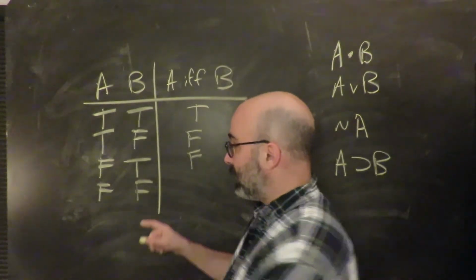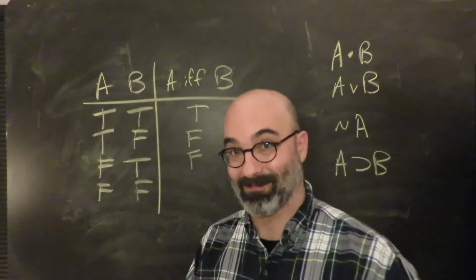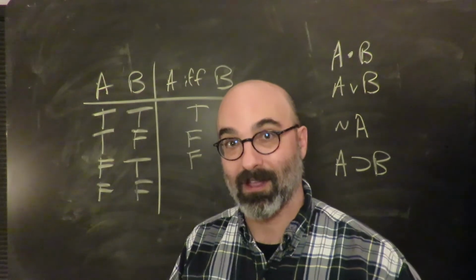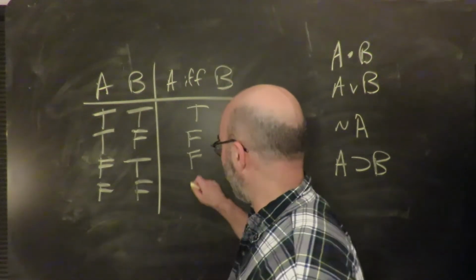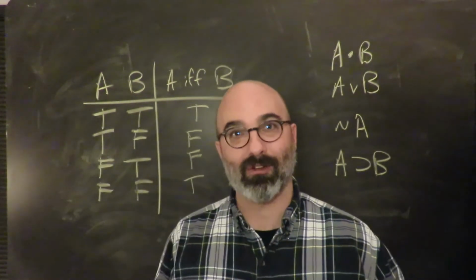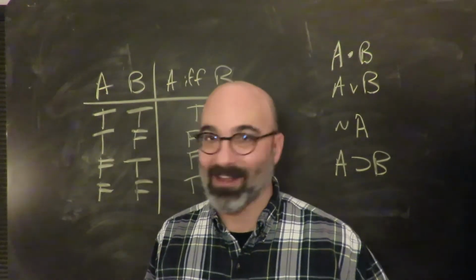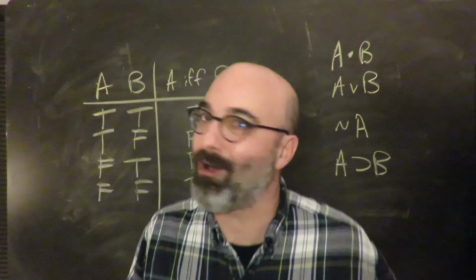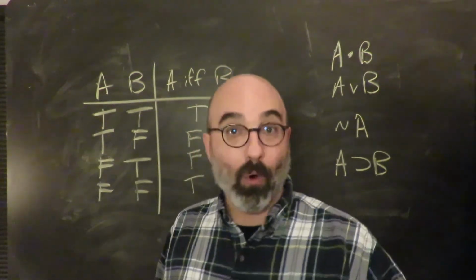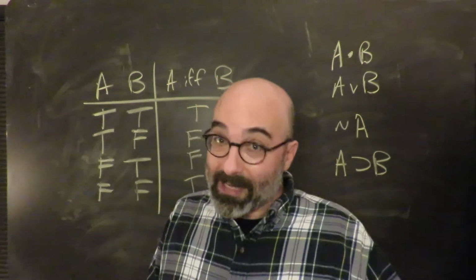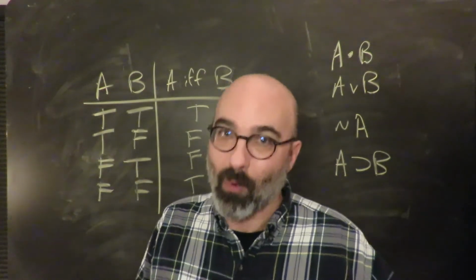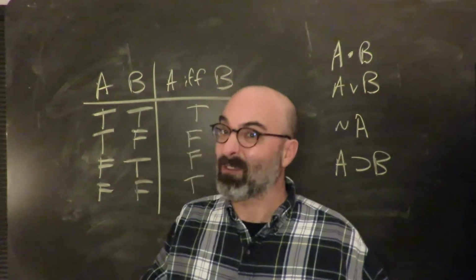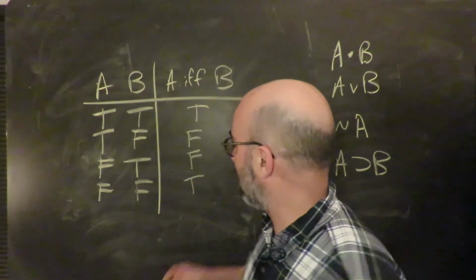Notice finally that if neither of us do the things that we promised, then, ironically enough, what we promised to each other is true. Namely that I will wash the dishes only if you wash the car. You didn't wash the car, so I'm not washing the dishes. Or you wash the car only if I wash the dishes. I didn't wash the dishes, you didn't wash the car.